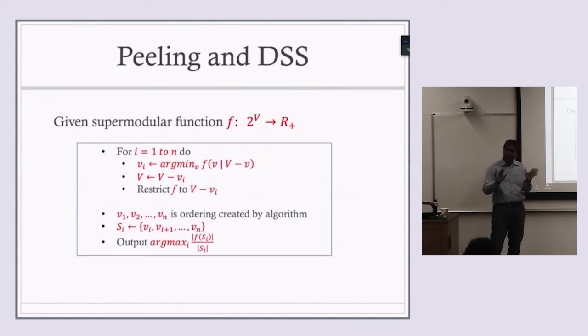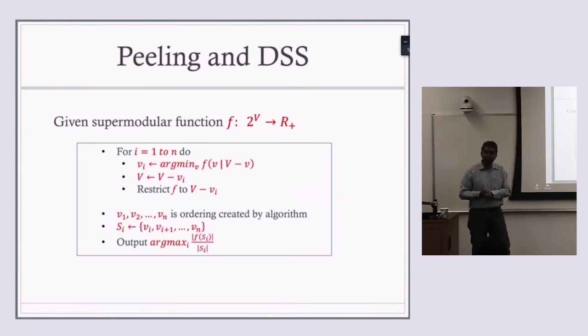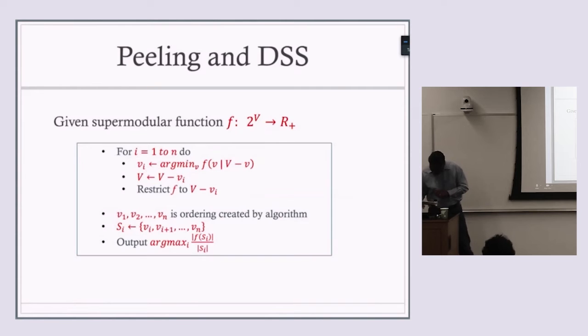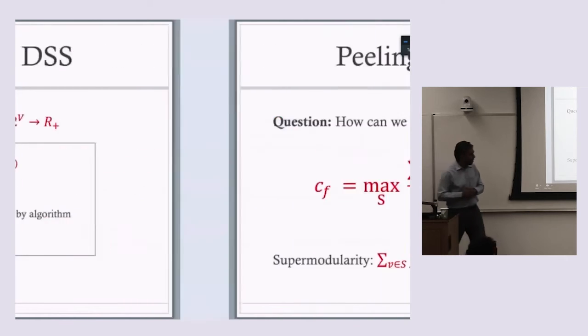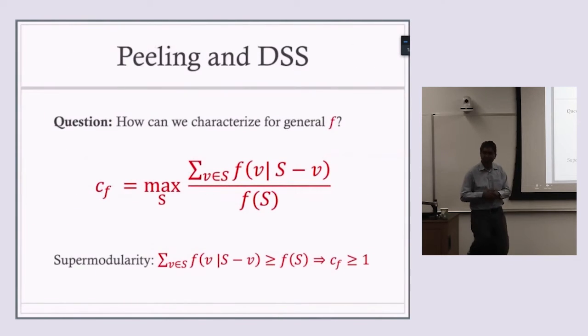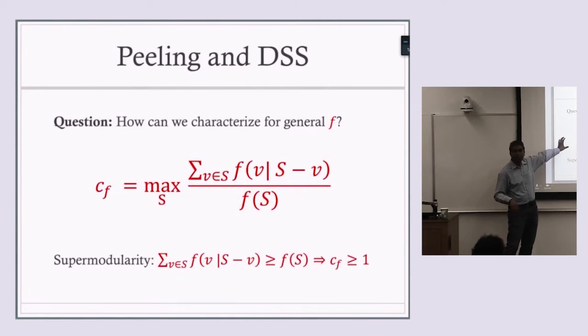So now you're asking, is there a good analysis, or what kind of approximation does this give for an arbitrary supermodular function? Will it give half? It doesn't give half. In fact, it gives something. So we define a parameter CF for a function.